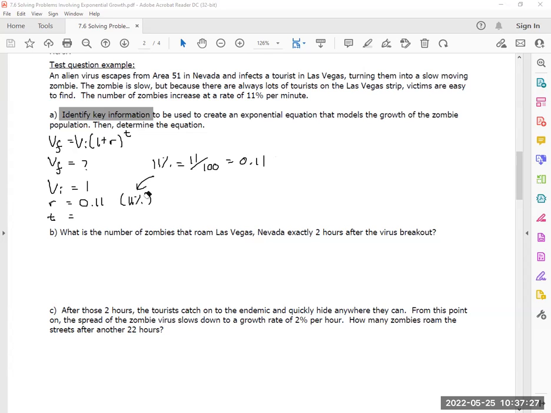All right. Time. Do we have time? No. But I know that it's in minutes. So here it is. Putting this together, I have final value is equal to 1 times (1 plus 0.11) to the power of t.